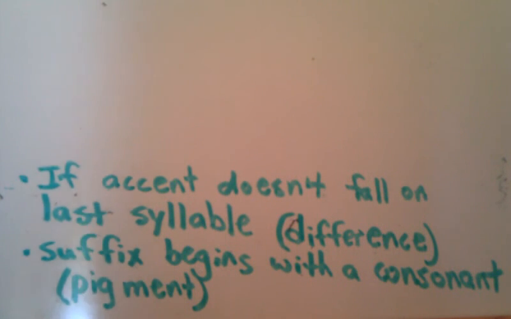Okay. If a word is complete or nearly complete before the suffix is added, IZE is usually correct. If you're trying to figure out whether to use the IZE or the ISE, it's usually IZE, but again, you just have to memorize them.